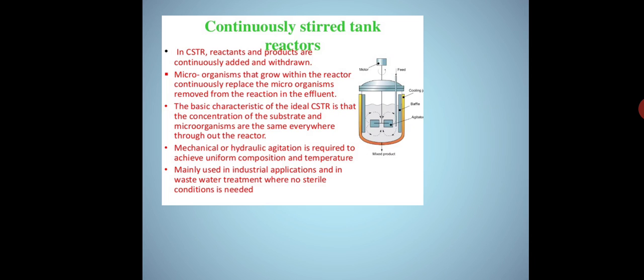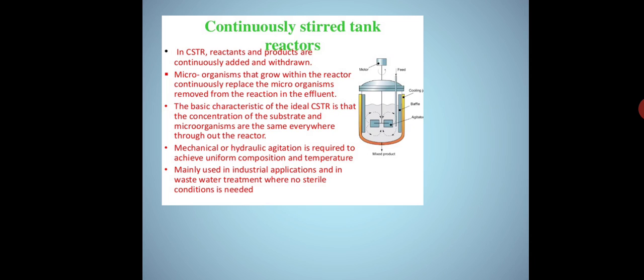In this, reactants and products are continuously added, meaning the reactant or nutrients are continuously added and the product is continuously withdrawn. So the name is given CSTR. It is also called the steady state reactor.